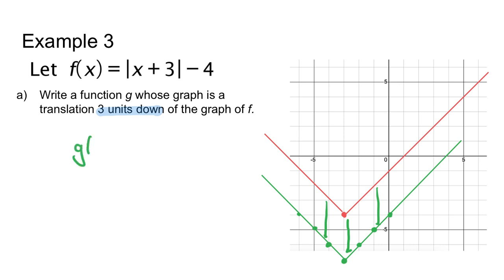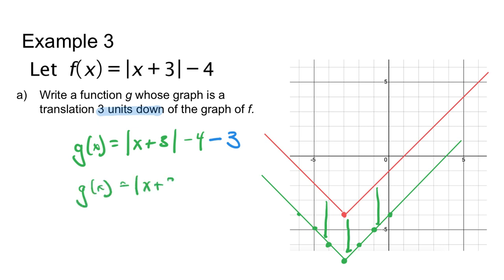So that means it's still going to be the absolute value of x plus 3 because I didn't move it left or right. But my graph is down 3 units more. That means I moved it down 3 units more. And if you think about it mathematically, that now gives me a new equation of the absolute value of x plus 3 minus 7. And that's the equation of my green line.